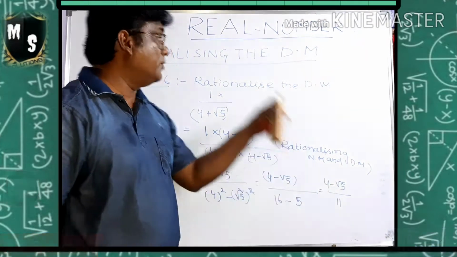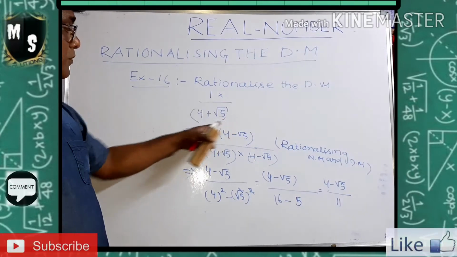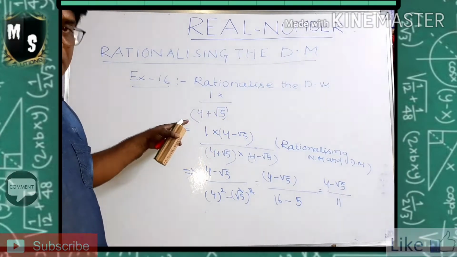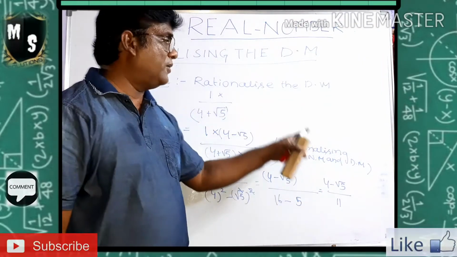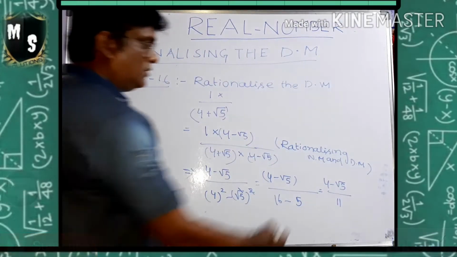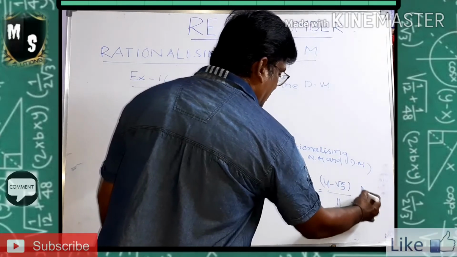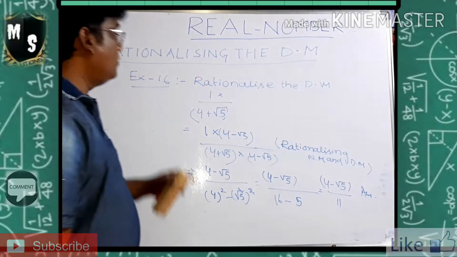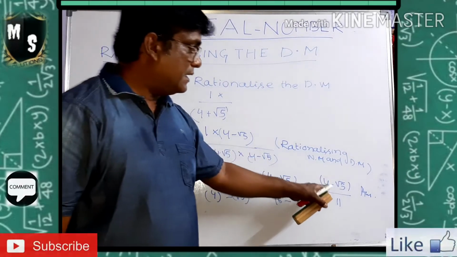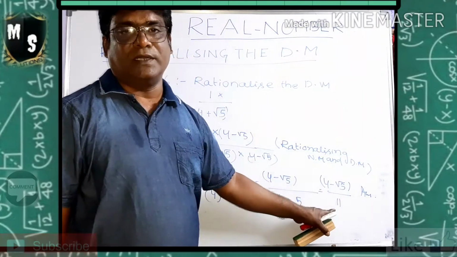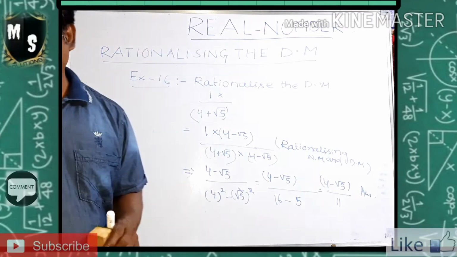So in the question the denominator is an irrational number. Now my denominator became a rational number. So I already rationalized. So this one is the answer for me. So now this 1 by 4 plus root 5 is already rationalized to this one. Another sum I am doing for you.